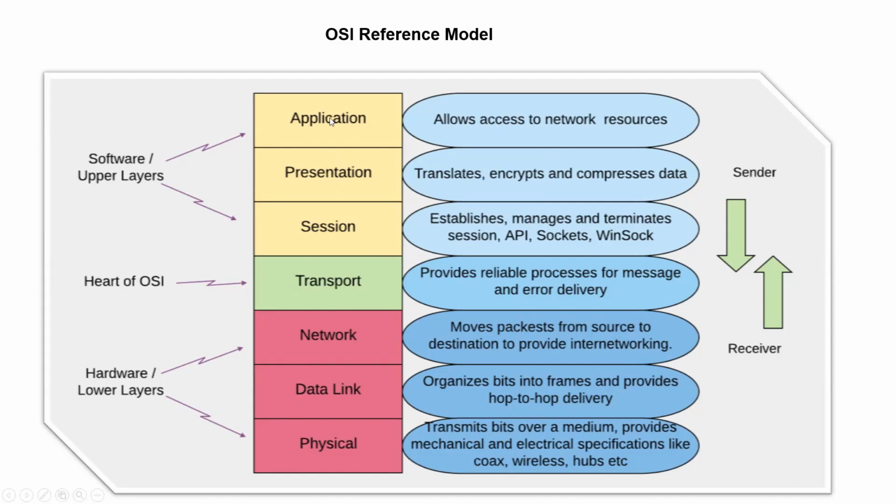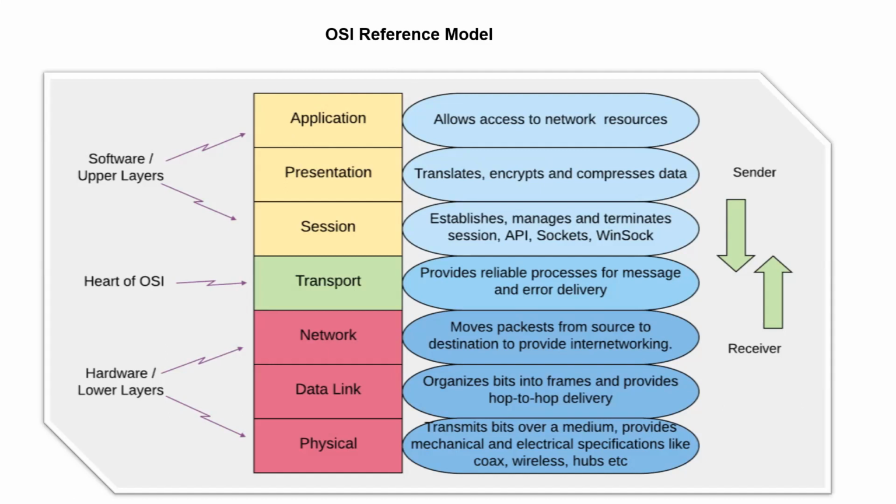Its functions are given here. What is the application layer doing, what are its responsibilities? Then next the presentation layer. We have to see the responsibility of each layer. Now, what is application? Application software means specialized software. When we have to send messages over the network, there are different protocols.